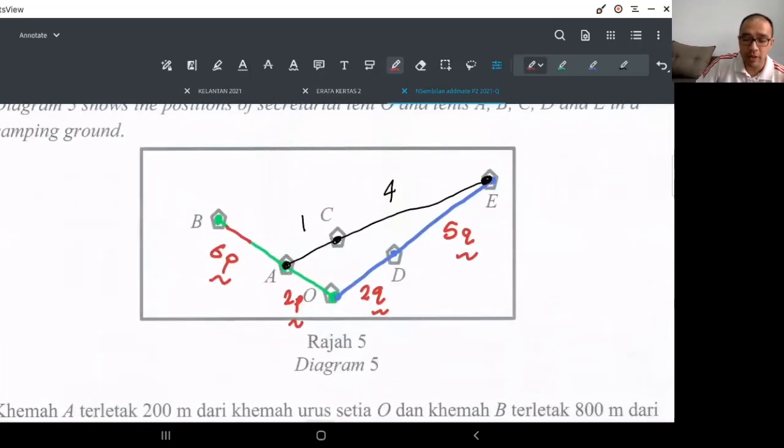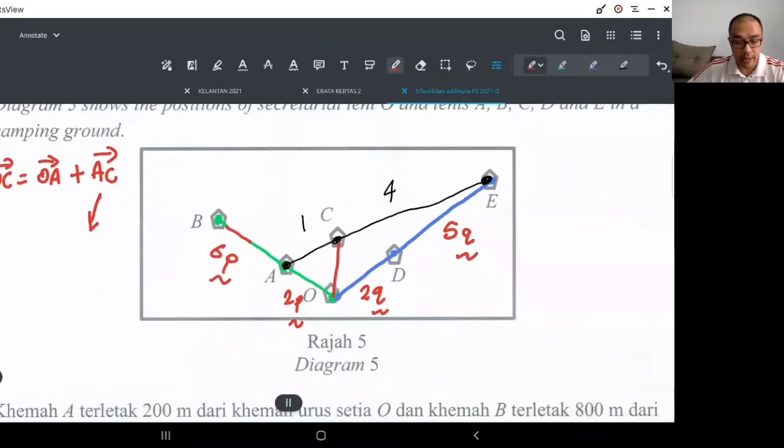So we have all this information, and now I want to find OC. I'm only going to give you a clue. OC will be equal to OA plus AC. But the problem is we need to find AC. So how to find AC? AC is 1 over 5 AE.